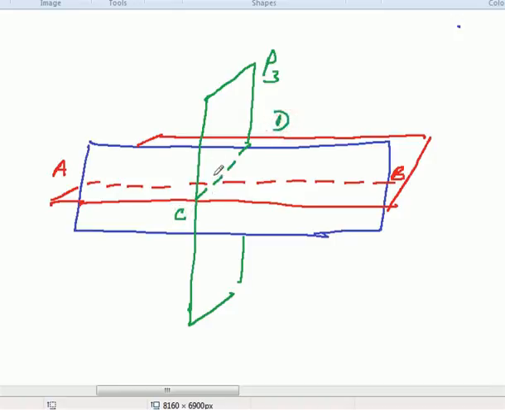Now AB and CD intersect at a point, let's say M. So all the three planes intersect at point M. So M is the point of intersection of the three planes.